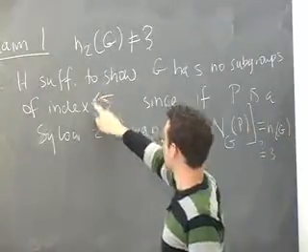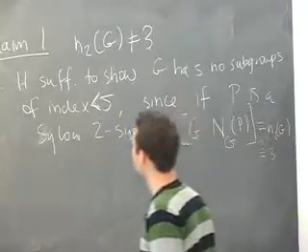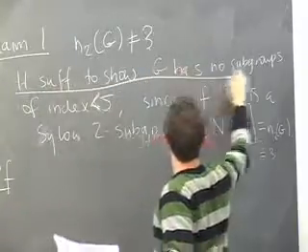It certainly has subgroups of index 5, but none of less than 5. So let's prove this part.